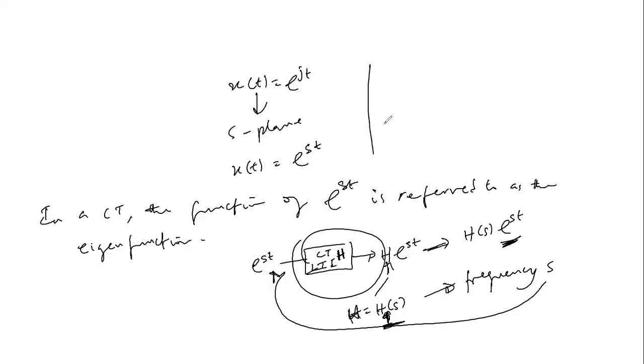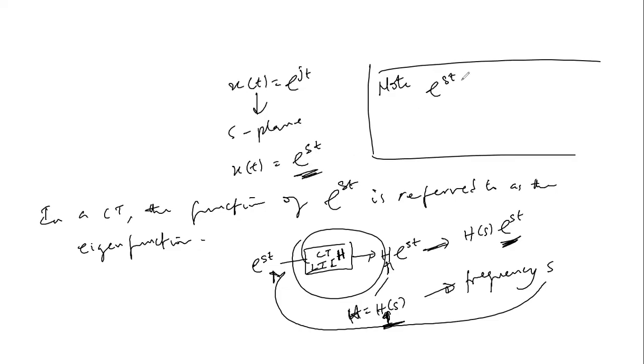And then at this point, you should note that should the eigenfunction be multiplied by a unit step function, then it ceases to be an eigenfunction. So in other words, this is not an eigenfunction of a continuous time linear time invariant system.